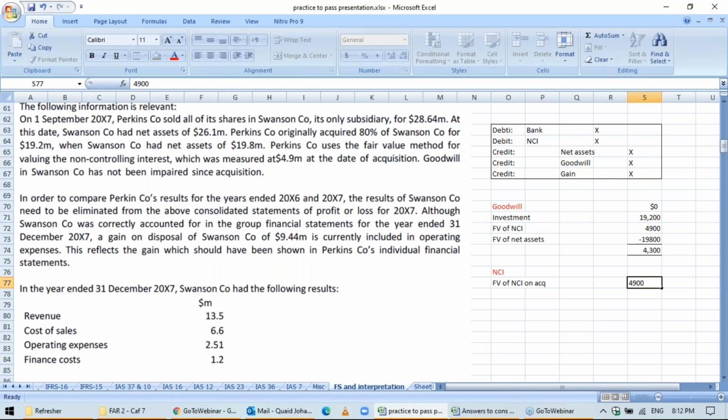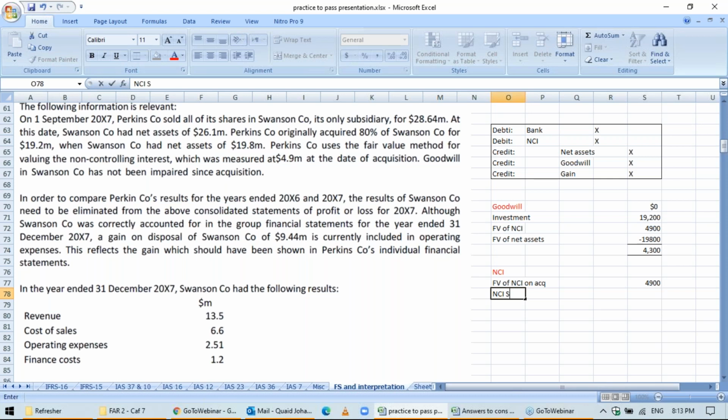Now what happens is that as soon as the subsidiary company is acquired, with passage of time, its net assets increase, its profits increase. So NCI will also have a share in the subsidiary company's profits. So NCI's share will keep increasing. So NCI's profit share will add to the amount reported on the acquisition.